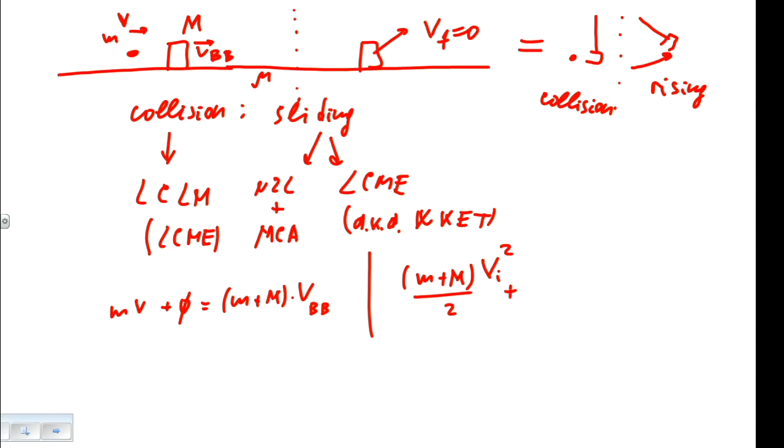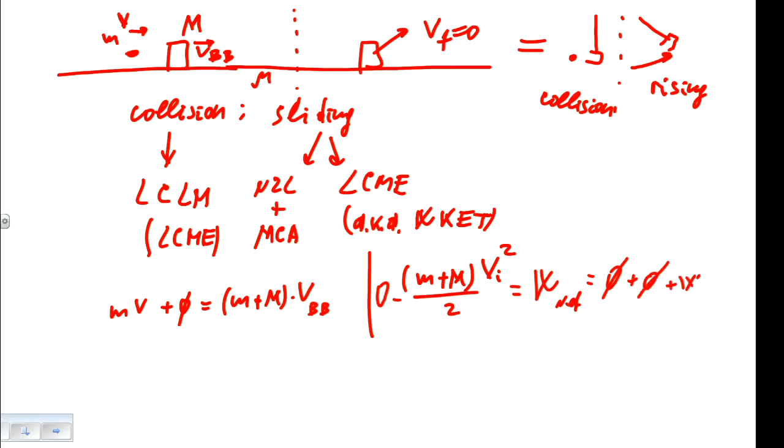Now we need to add, sorry. I don't want to use law of conservation of mechanical energy. I want to use work kinetic energy theorem. So final kinetic energy minus initial kinetic energy, that should be equal to net work. And net work is equal to normal force, gravity, work done by friction.